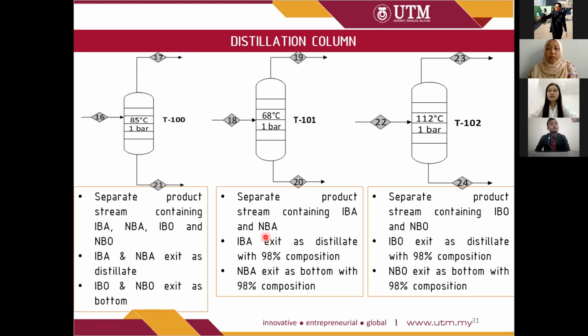The separation will produce IBA at distillate with 98% composition and NBA at bottom also with 98% composition. After that, the NBO and IBO will go to the last distillation column, which is T102. It also separates the IBO as distillate with 98% composition and NBO as bottom with 98% composition.